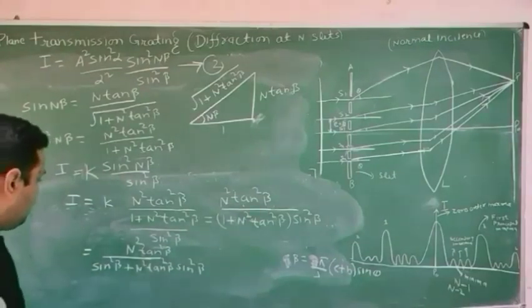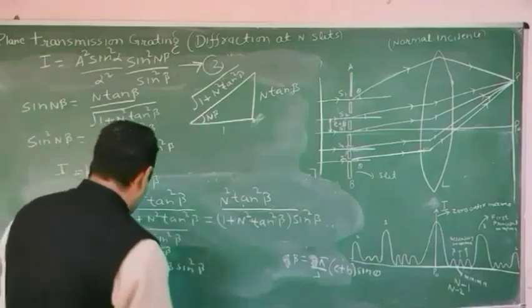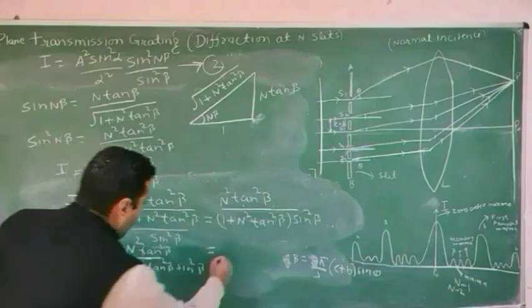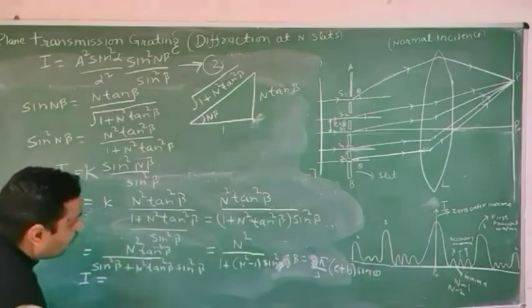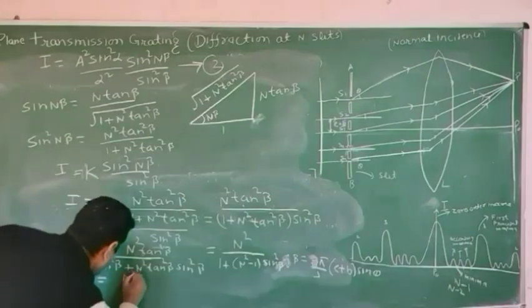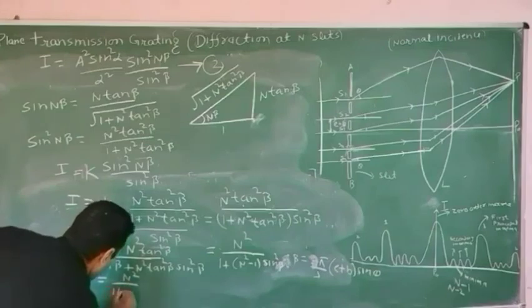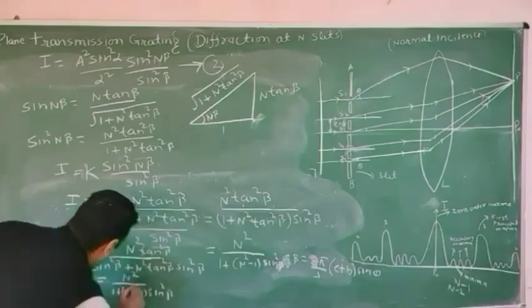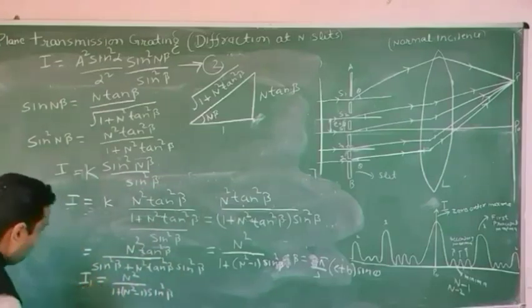Solving this, it comes in the form of n square upon 1 plus (n square minus 1) sin square β. Now this is the condition for I1.